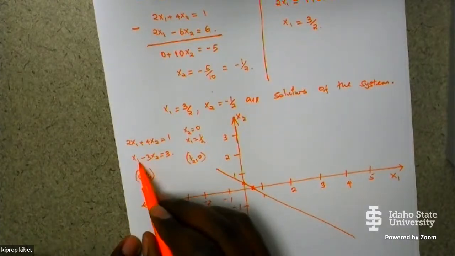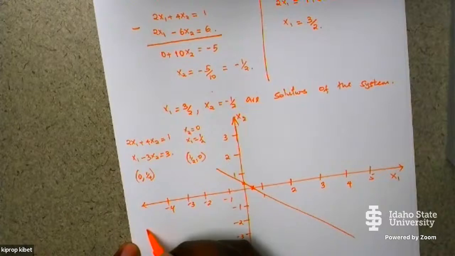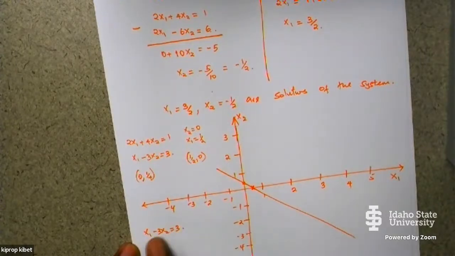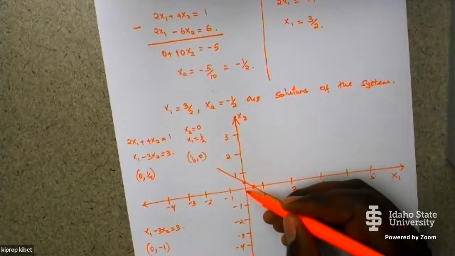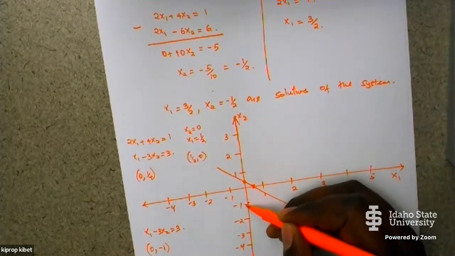Now, when we come to the second one, x1 minus 3x2 equals 3, when x1 is 0, then x2 is -1. So we have 0 and -1 somewhere there.